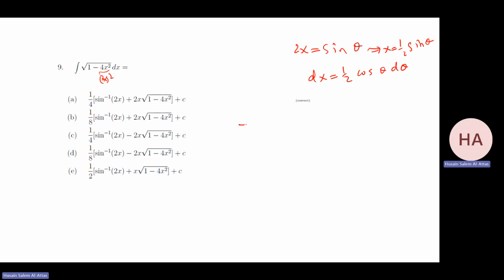Plug these expressions in. You have what? 1 minus sine squared. That will be cosine theta times half cosine theta d theta. So I need half outside and cosine squared, which is half plus half cosine 2 theta d theta.